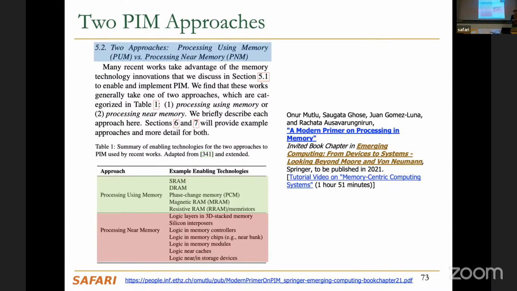Go ahead. Sensors, can you use these methods for processing near their sensors? In some way you can, right? It's very similar as well. So instead of computing where the data is stored, you're going to compute where the data is generated. It will depend on the sensor, on how large the sensor is, on how much compute capability you could have there.